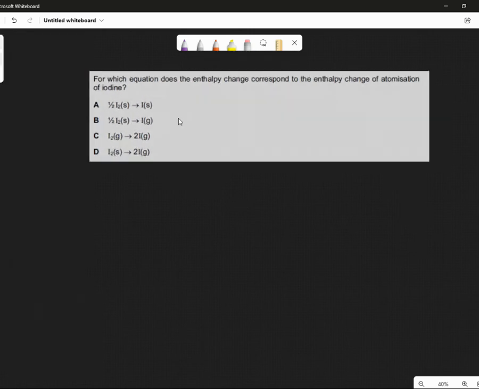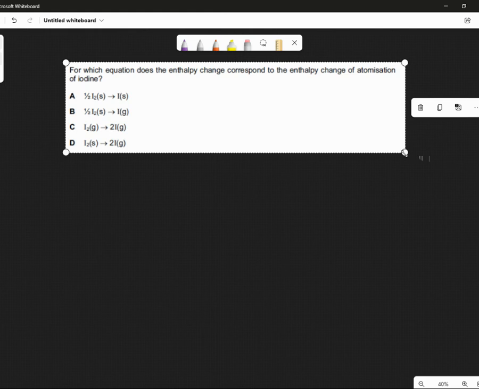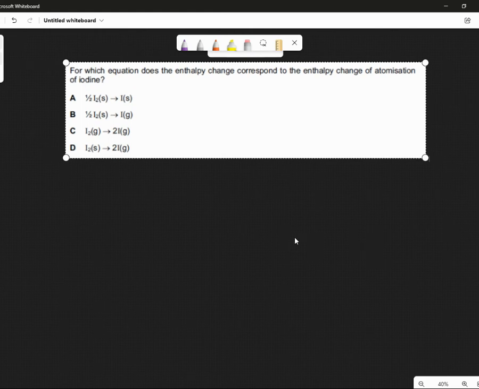The question is, which enthalpy change corresponds to the atomization of iodine? First of all, you've got to know what atomization means.